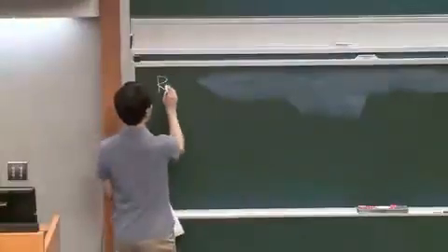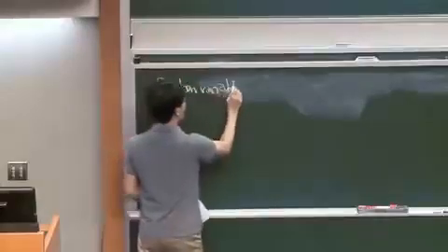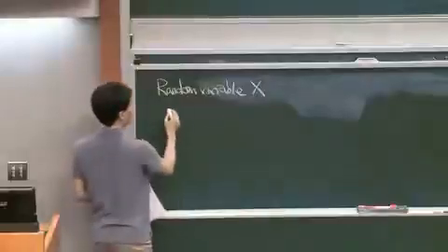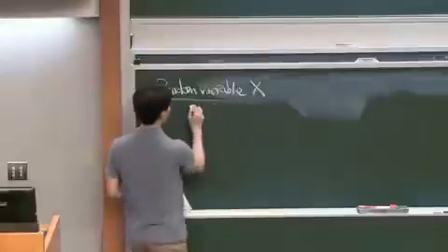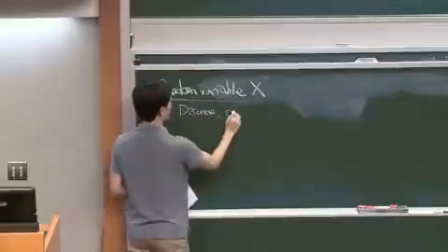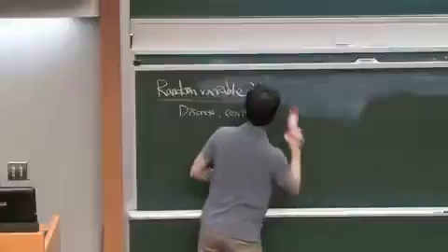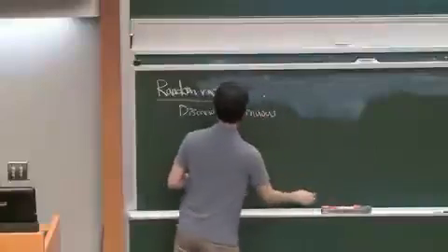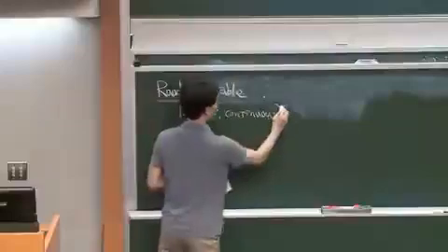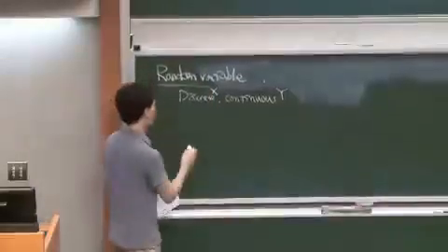So a random variable x. So we will talk about discrete and continuous random variables. Just to set up the notation, I will write discrete as x and continuous random variable as y for now. So they are given by its probability distribution.